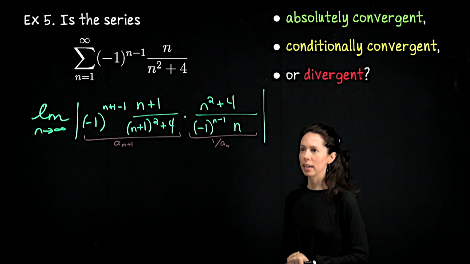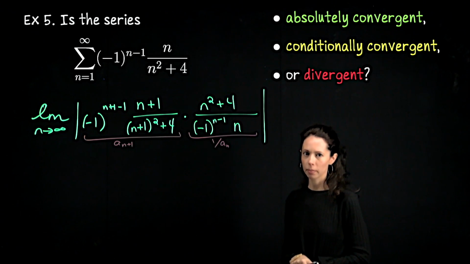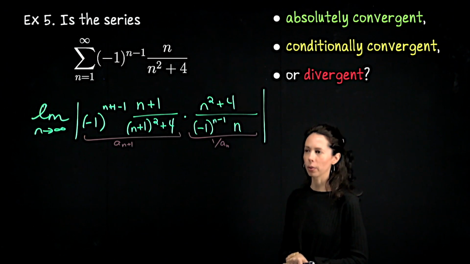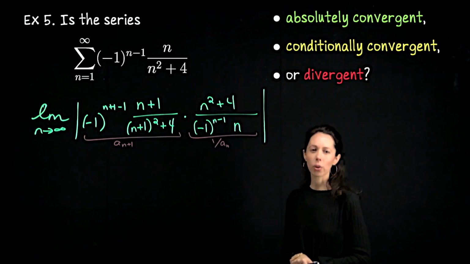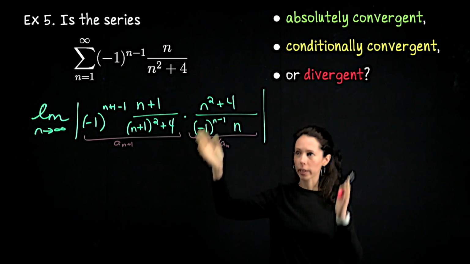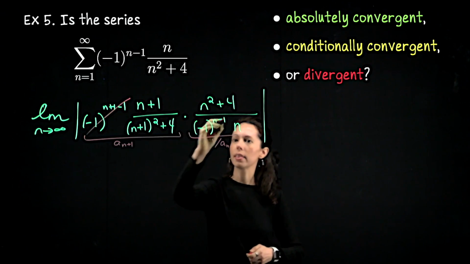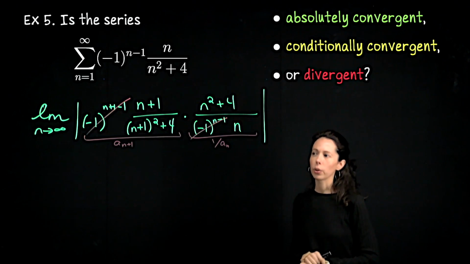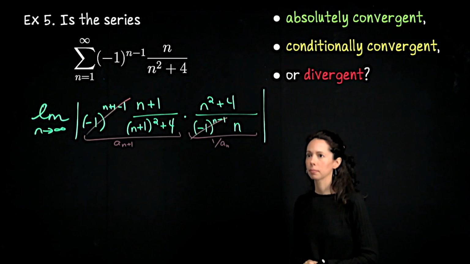What I will say is that the negative ones pair up, but also we're taking an absolute value. So the negative ones aren't even going to matter, because whether it's -1 to the n or -1 to the n plus 1, it doesn't matter because we're going to take the absolute value. And these are going to give us 1. So you could even choose to not write them.